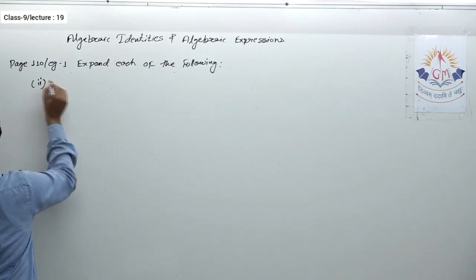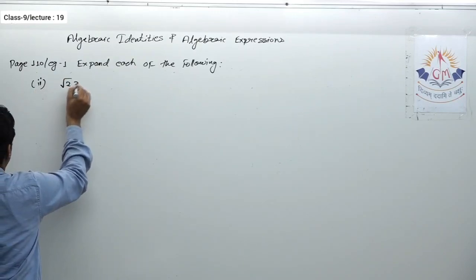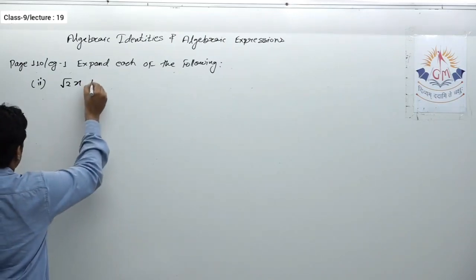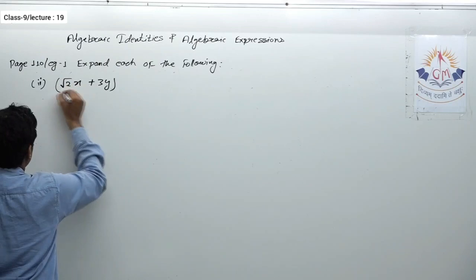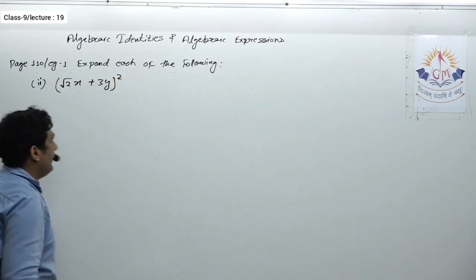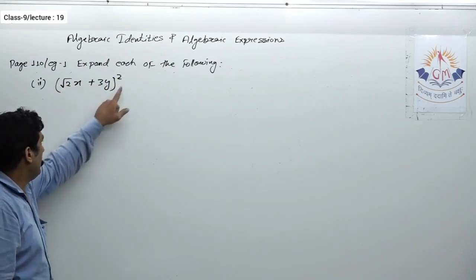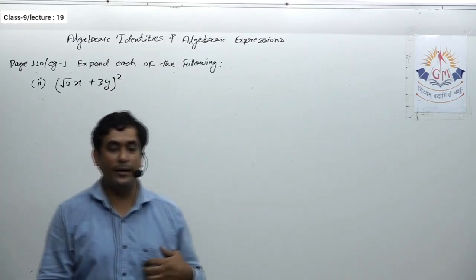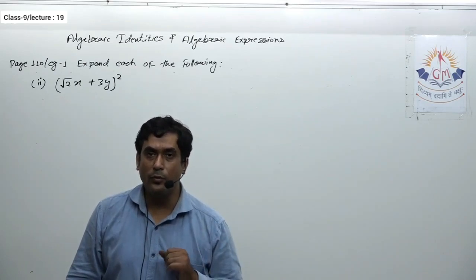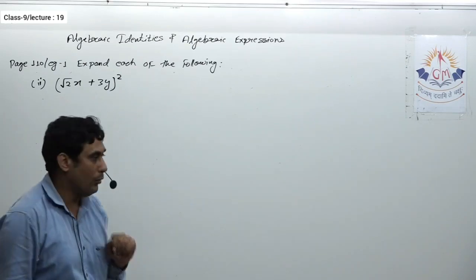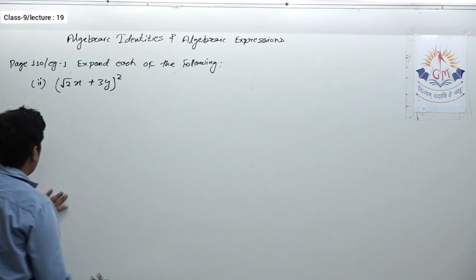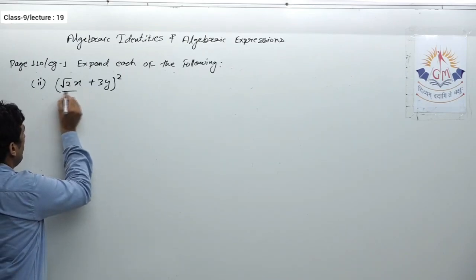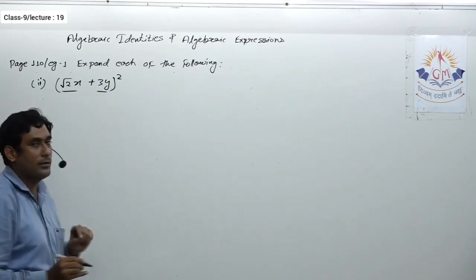So the second one is root 2x plus 3y whole square. We have to expand this. Here a square is there, positive sign is there. So the very first thing that should come to your mind is that we have to use the identity of a plus b whole square. Here root 2x is a and 3y is b.